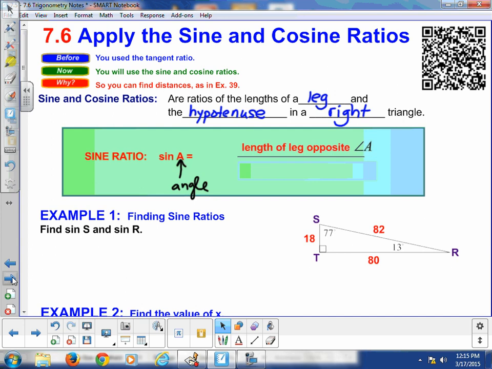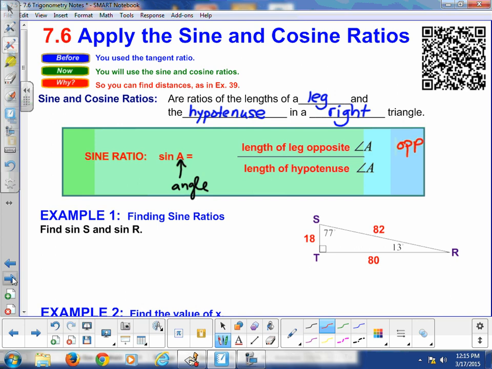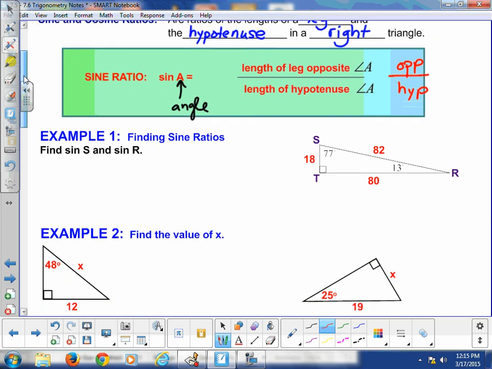And that represents the length of the leg opposite of angle A divided by the length of the hypotenuse of angle A. We know that to be opposite over hypotenuse. Now remember, tangent was opposite over adjacent. Remember I said the adjacent is never the hypotenuse? I'll always tell you the hypotenuse when I want you to use the hypotenuse.